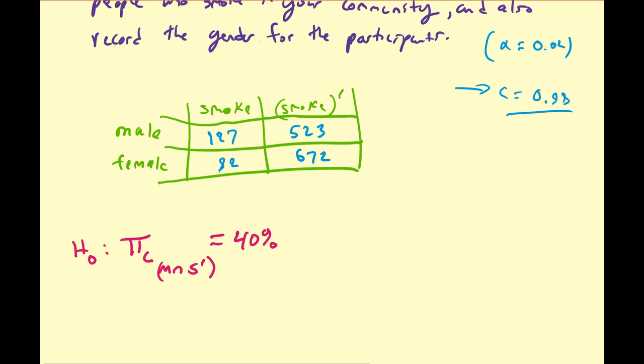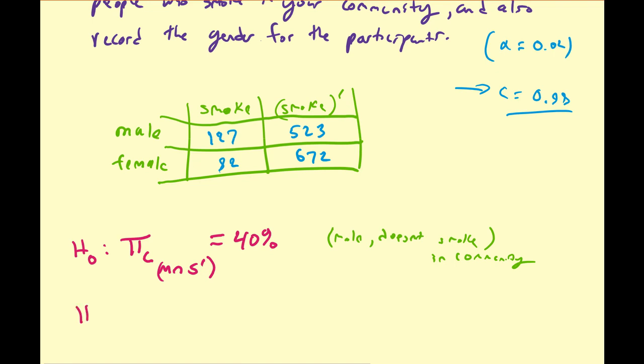So this is just some shorthand notation. Male, doesn't smoke, in community. So the community is pretty much acting like the population here.